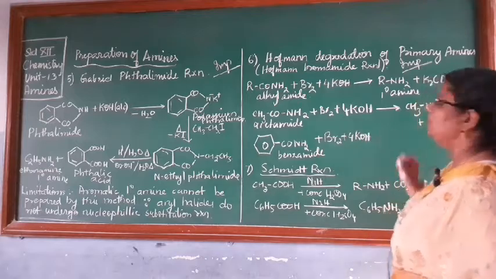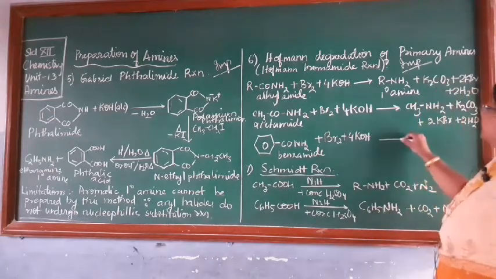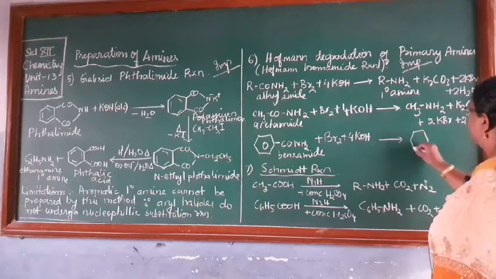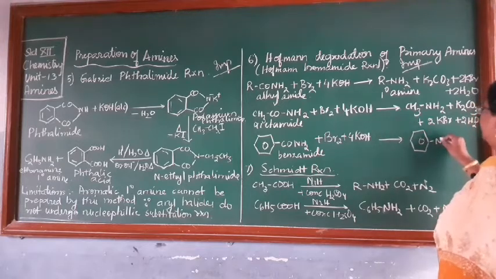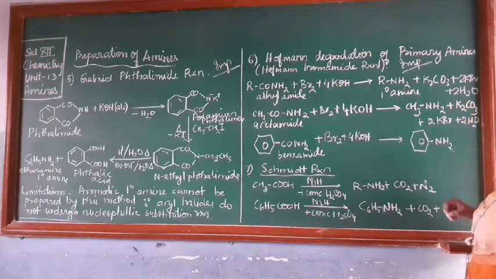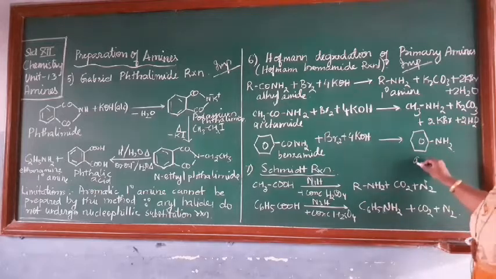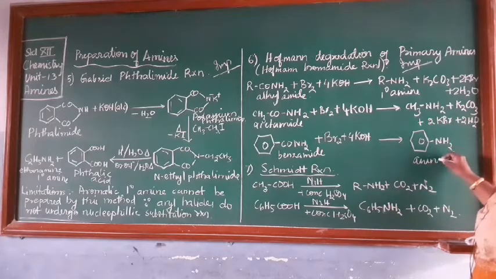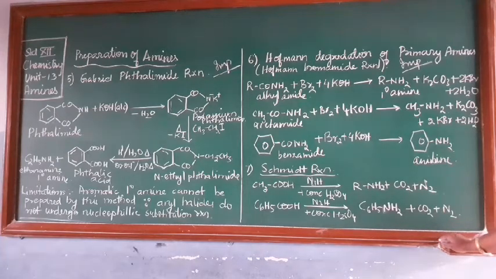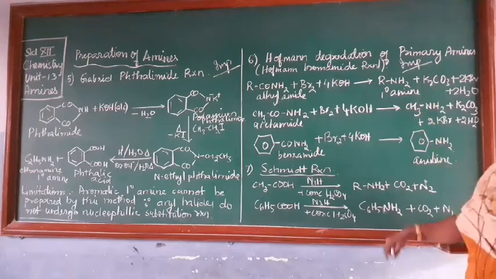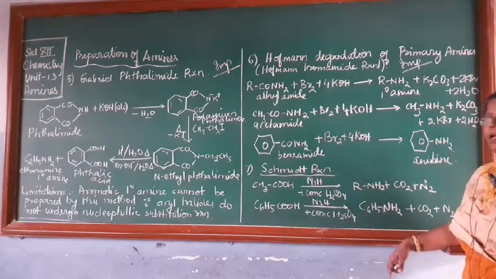Okay, that is also very important here. It will give you the NH2. Okay, so this is your aniline. So that is how you obtain various products in the reactions coming under Hofmann degradation of primary amine.